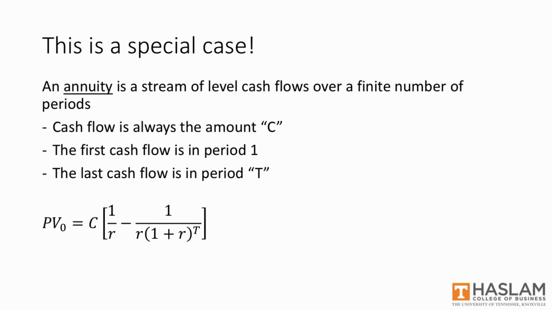Now, going back to our example, we can find the present value by inserting the annuity payment for C, and then the discount rate and capital T to build the annuity factor.